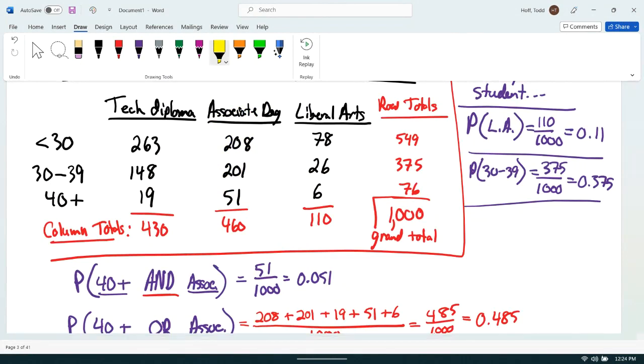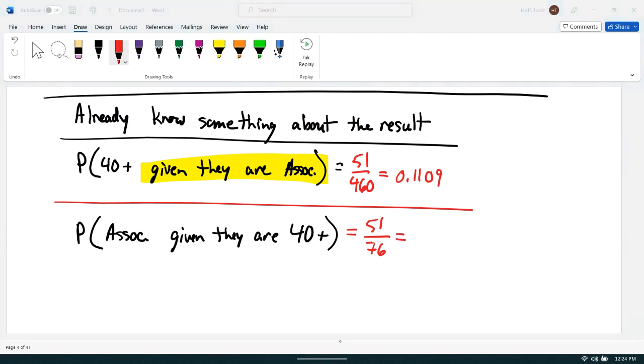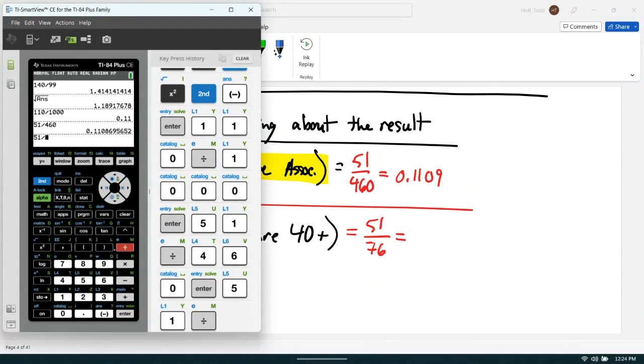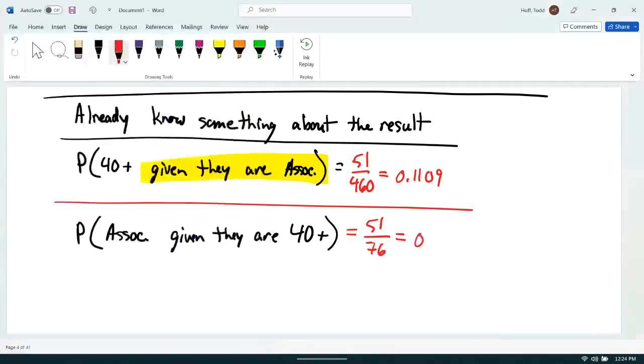Now we know they're 40 plus, so now we're looking only at those that are 40 plus. Only at the 76 that are 40 plus. Of those, 51 are associate degree. So this is still 51 students, but only out of 76 that were 40 plus. 51 divided by 76 is 0.6711.